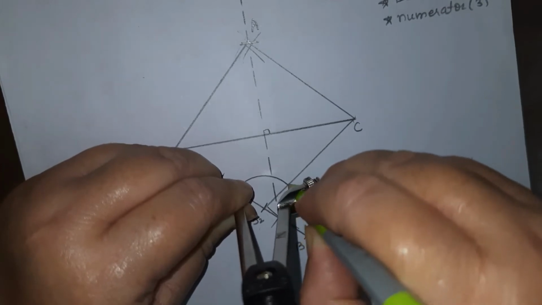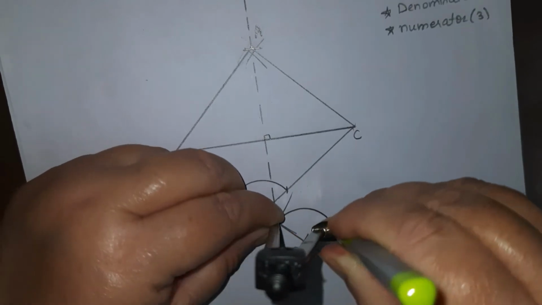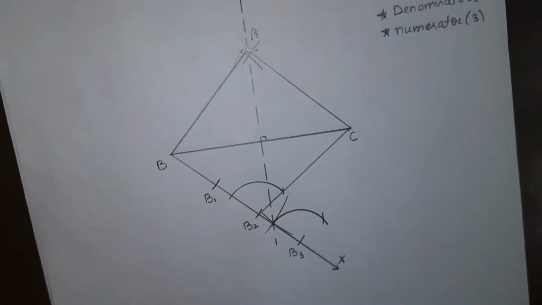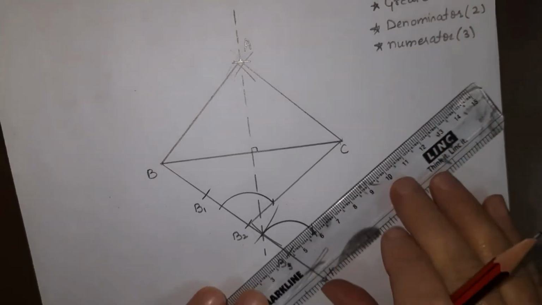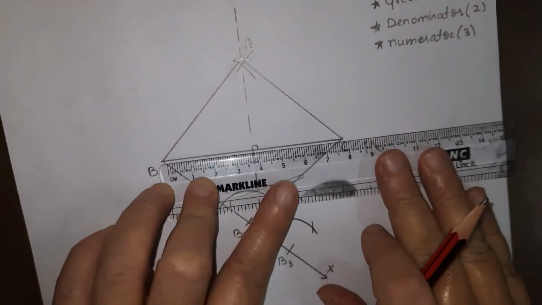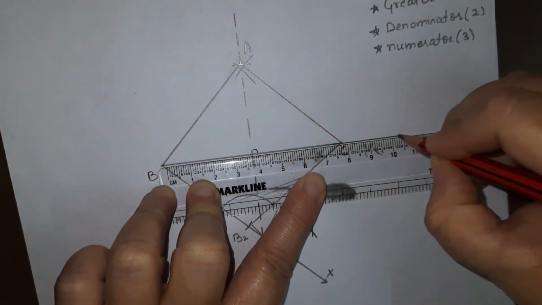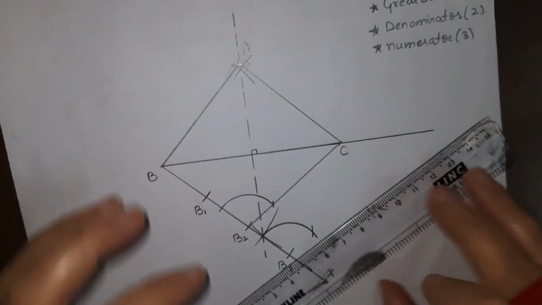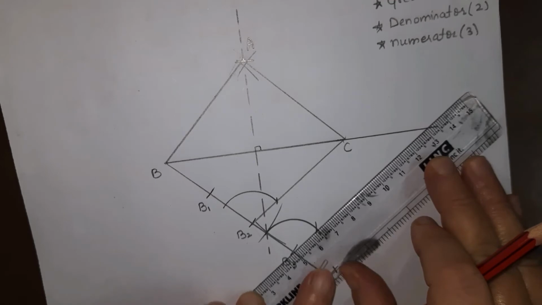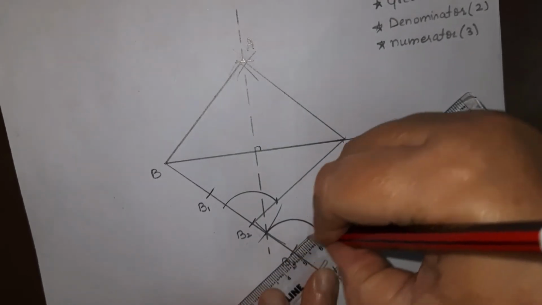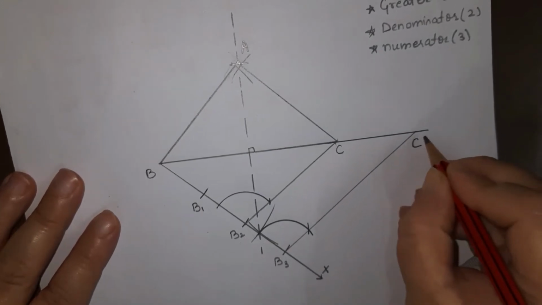So we will make the line parallel. Before that we will extend this, because this parallel line will meet extended line BC somewhere. So this line is parallel, see. So this point will be C dash.